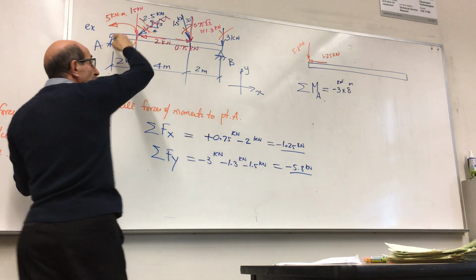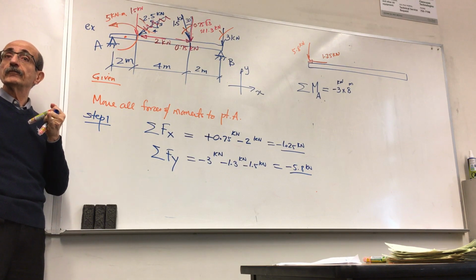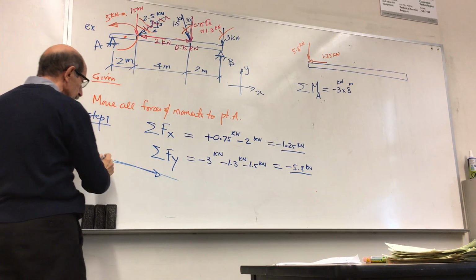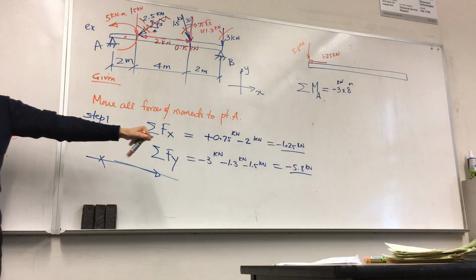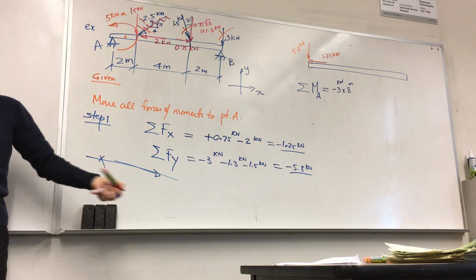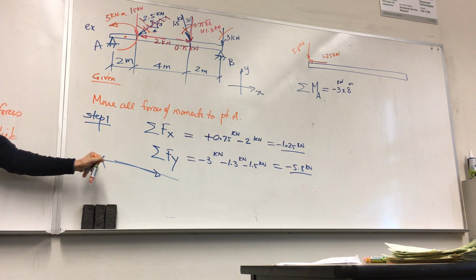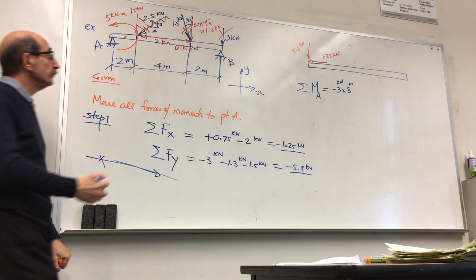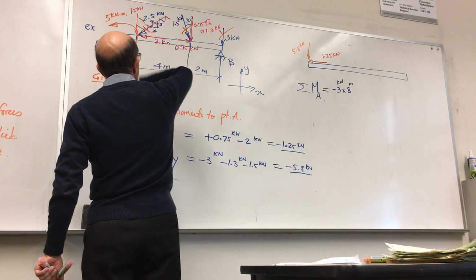This component does not make any moment about point A because it is going through that point, right? Whenever you have a force, you want to find its moment about a point that is acting along the line of action of the force. That is 0, because there is no distance between that point and the line of action of the force. Okay? So the moment of this force, and this force about A is 0.